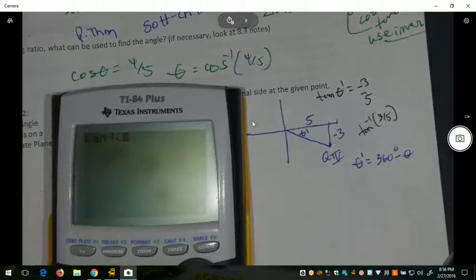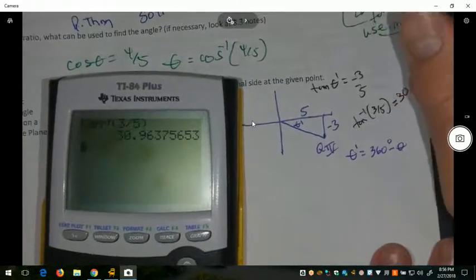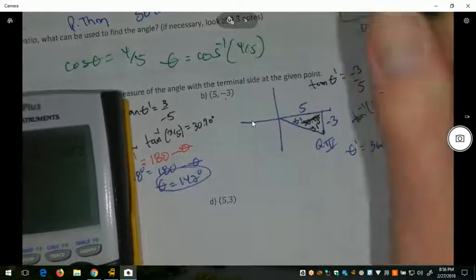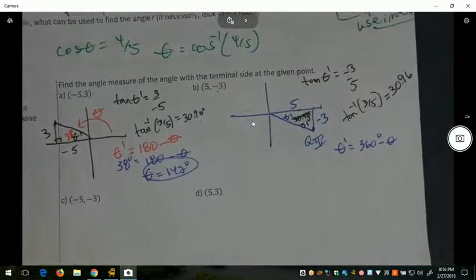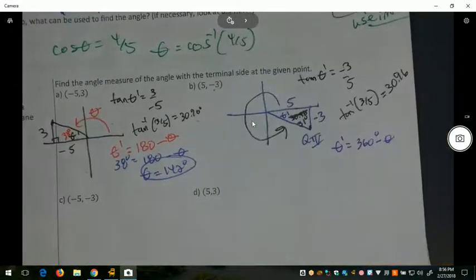So tangent inverse of 3/5 gives us, again, lo and behold, 30.96. That's right here, 30.96. That's 31 degrees to the nearest degree. If that's 31 degrees, I want to know what this angle from the initial ray being at 0 is.